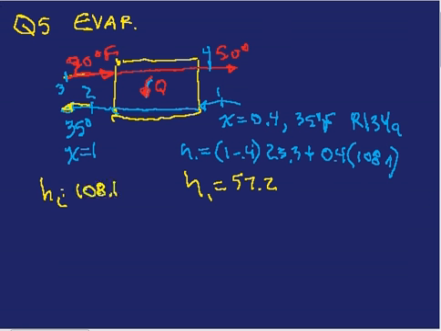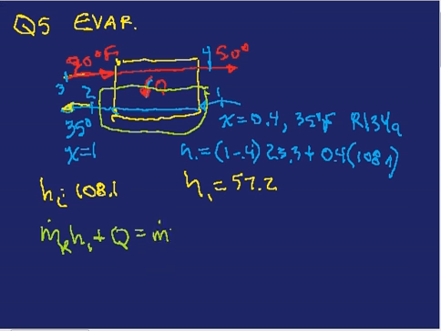So it's fairly straightforward to find Q now. We'll do an energy balance, and I'm going to draw in green the system I'm doing my energy balance on. So I'll draw an energy balance about this part here, and we'll have the energy in, which is m dot of the refrigerant, H1, plus Q. Q is coming into the system the way we've drawn it, and that is equal to m dot of the refrigerant times H2.